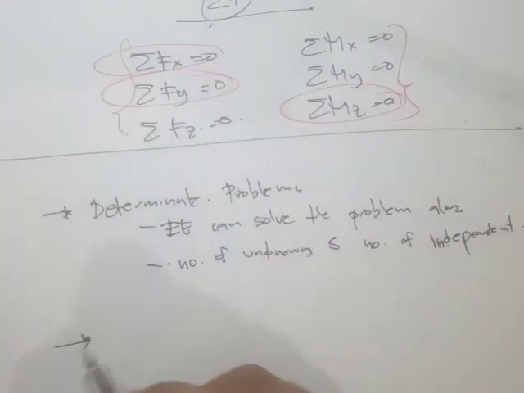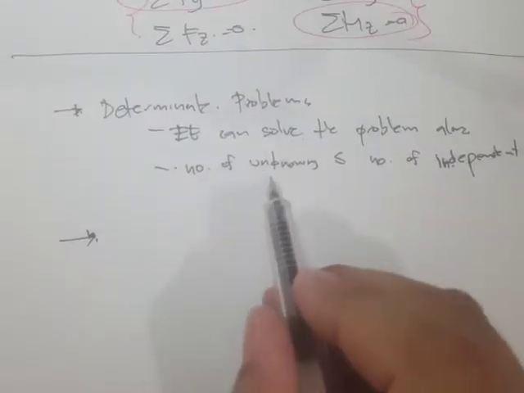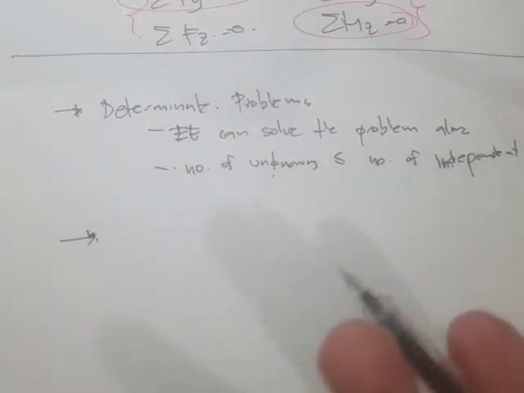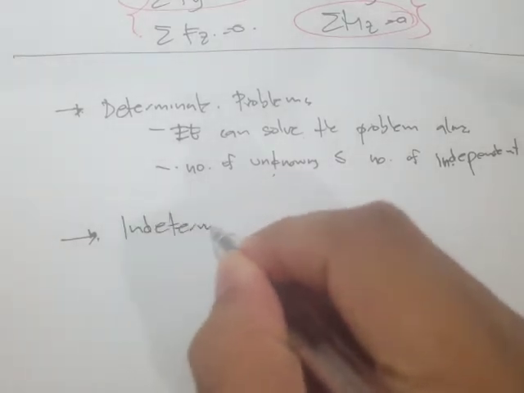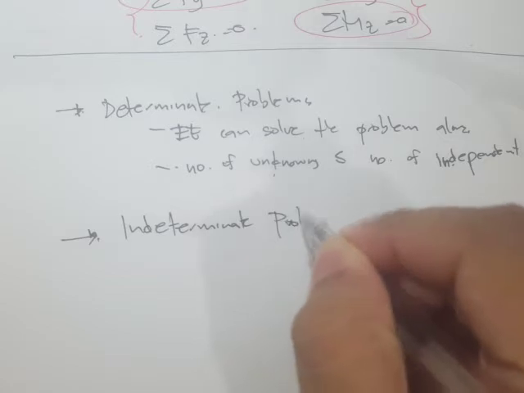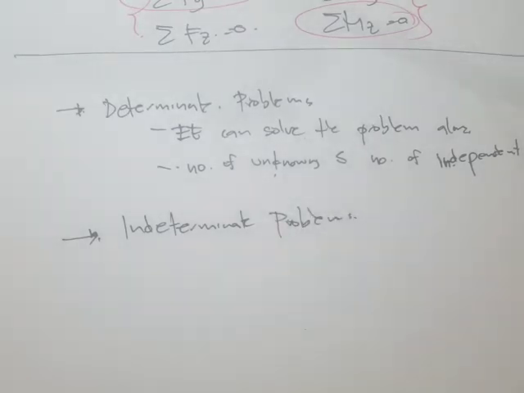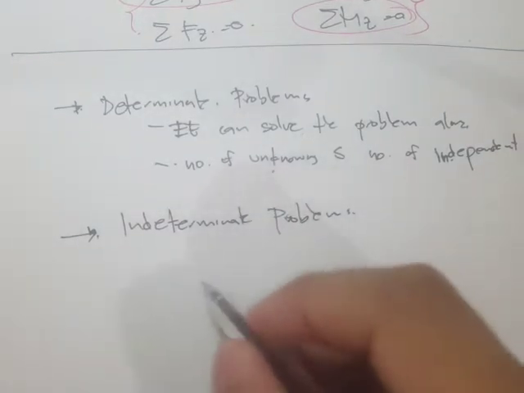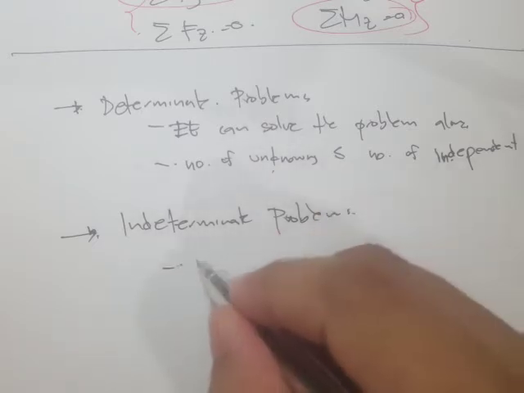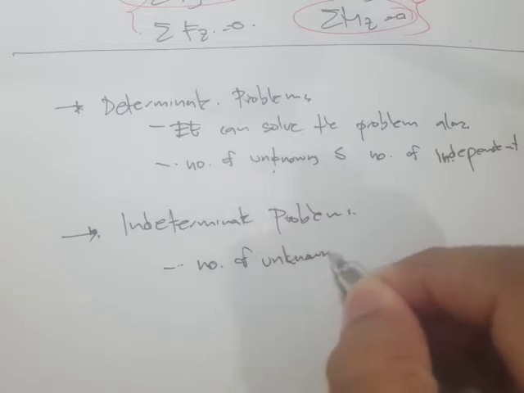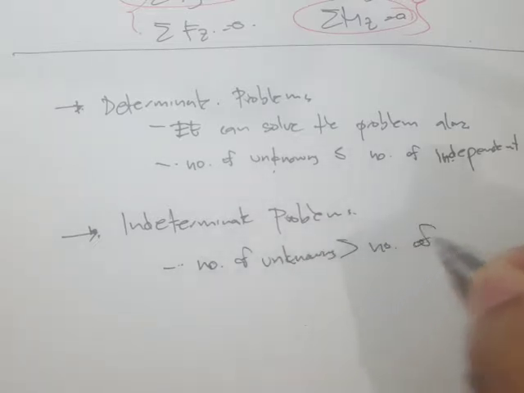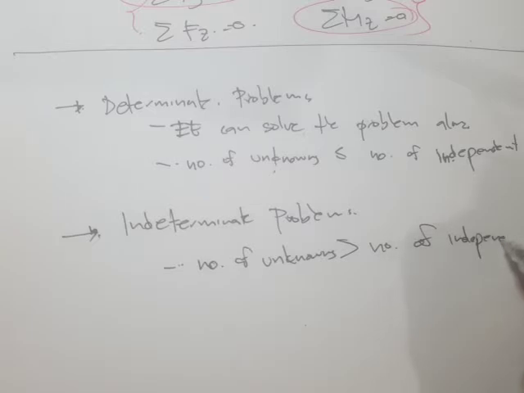If we have more unknowns than the number of independent equilibrium equations, then that means we have an indeterminate problem, meaning the number of unknowns is greater than the number of independent equilibrium equations.